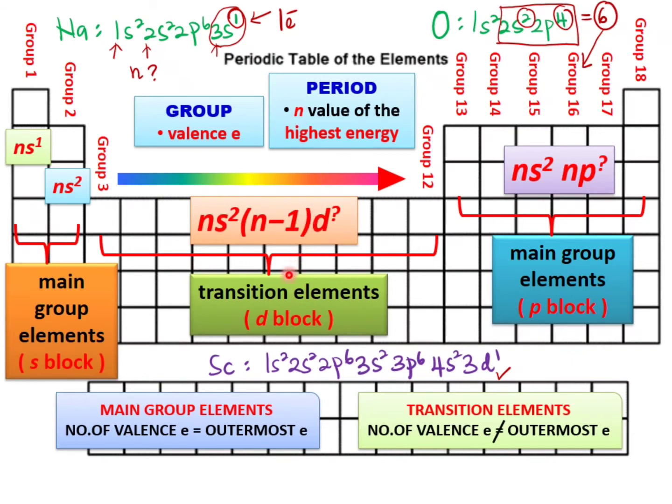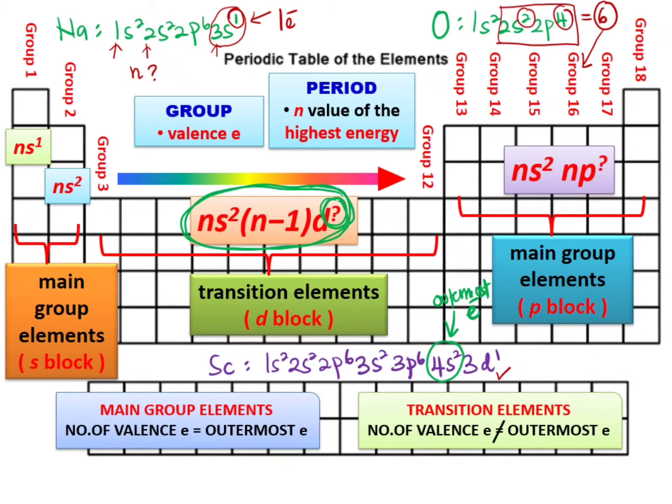Okay, but for the transition element, the number of valence electron is not equal to the number of outermost electron. If I ask the number of outermost electron for scandium, how many do you think? So you have to identify. For the outermost electron, it is at 4s2. So this is the outermost electron for scandium. How many? Only 2, class. Outermost must be in the outer shell, because 4 is the fourth shell. Okay, but for valence electron, it must include this, class. See? It must have ns2, (n-1)d. How many? See?